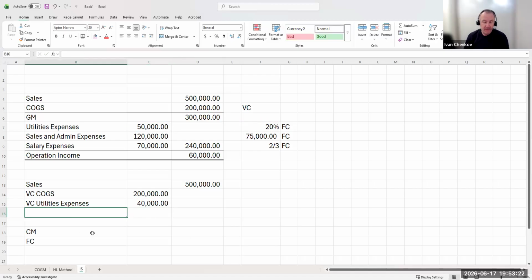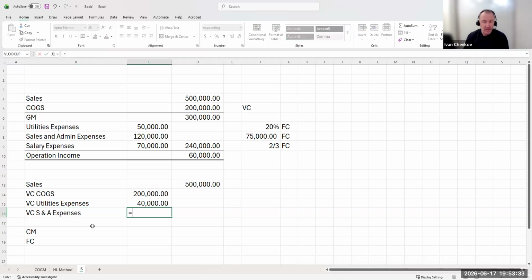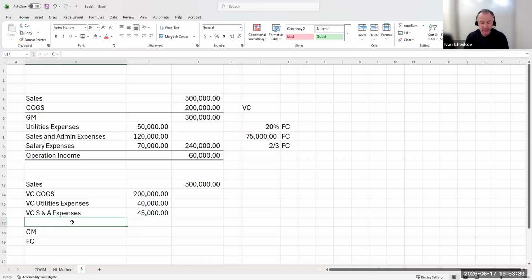Then I'm going to have the variable cost of the sales and administrative expenses, which will be this amount minus the fixed cost. And then I'm going to have the variable cost of the salary expenses, which is 2/3 of the fixed cost.